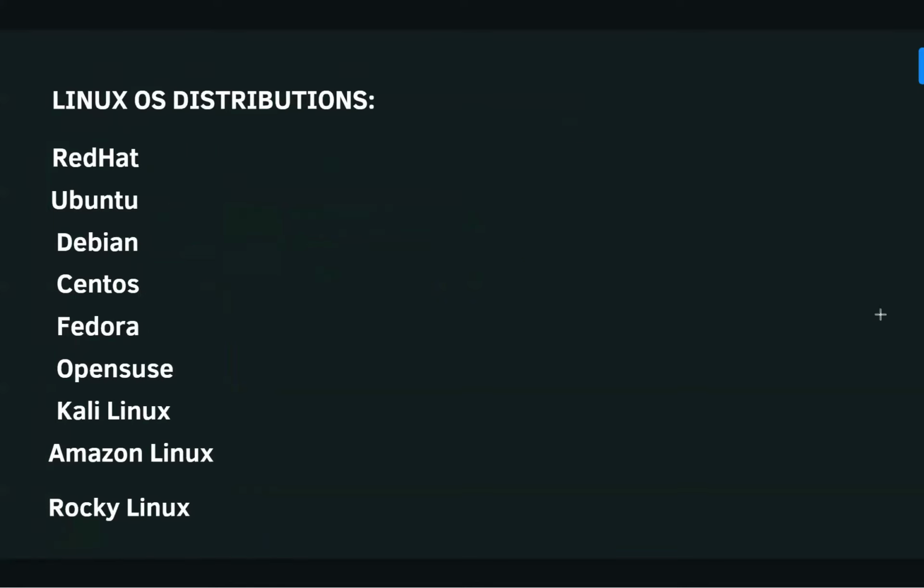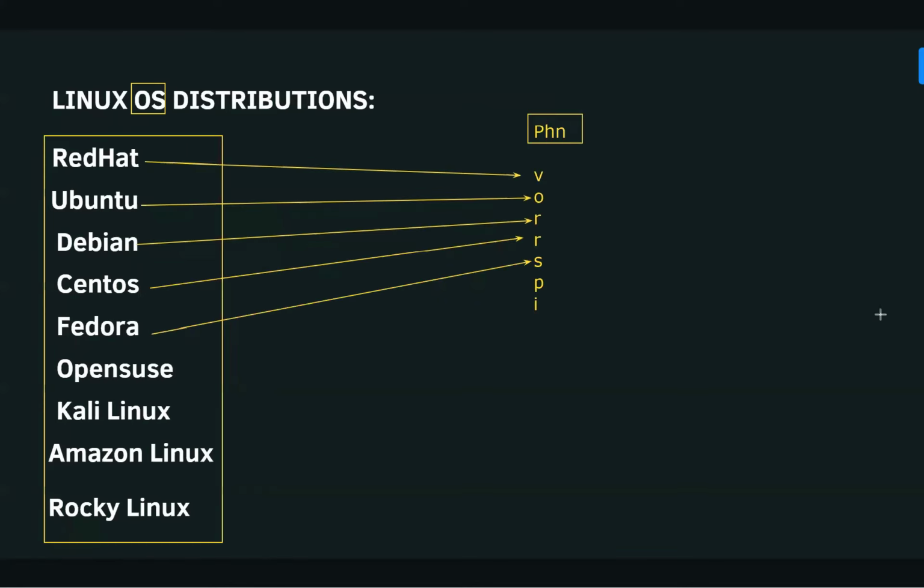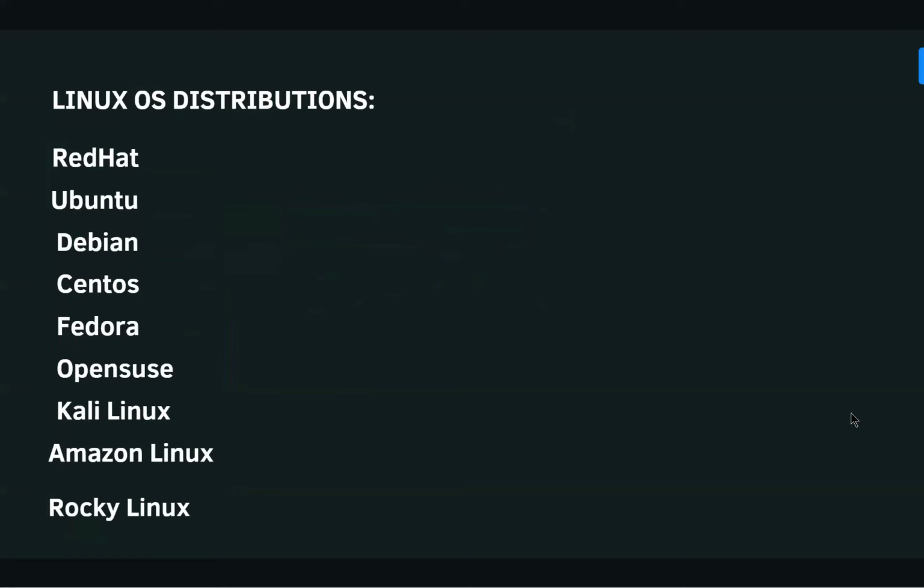So what are the distributions here? We have Red Hat, Ubuntu, Debian, CentOS, Fedora, OpenSUSE, Kali Linux, Amazon Linux, as well as Rocky Linux. Basically, don't remember all these things. In the market currently, most users are using CentOS, Ubuntu, Amazon Linux.